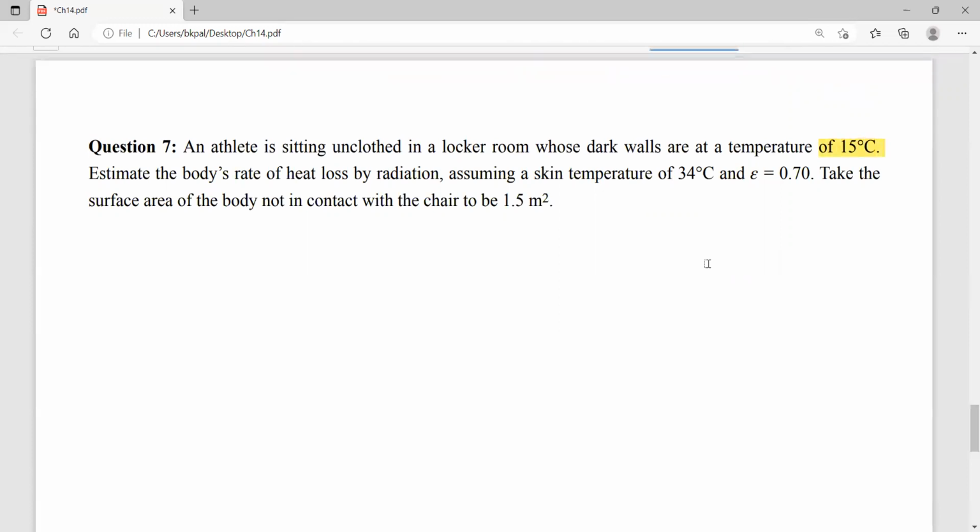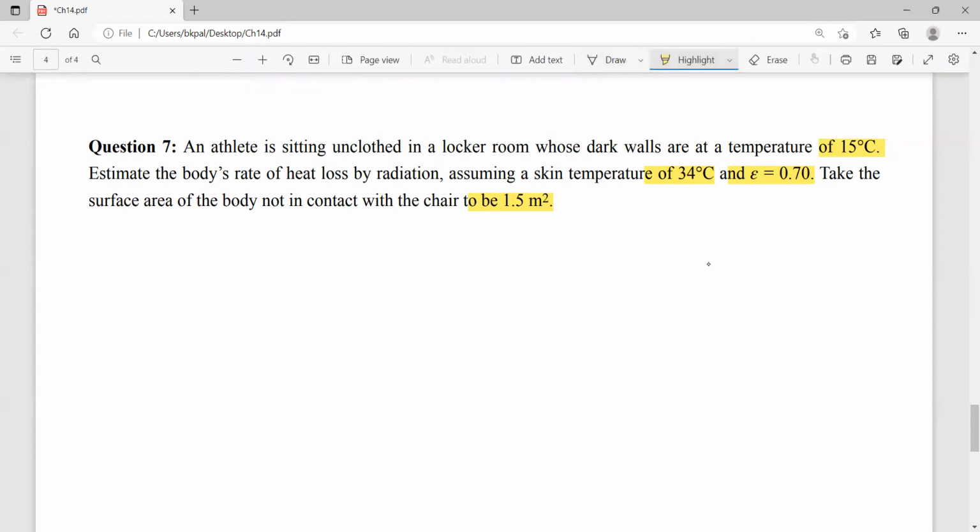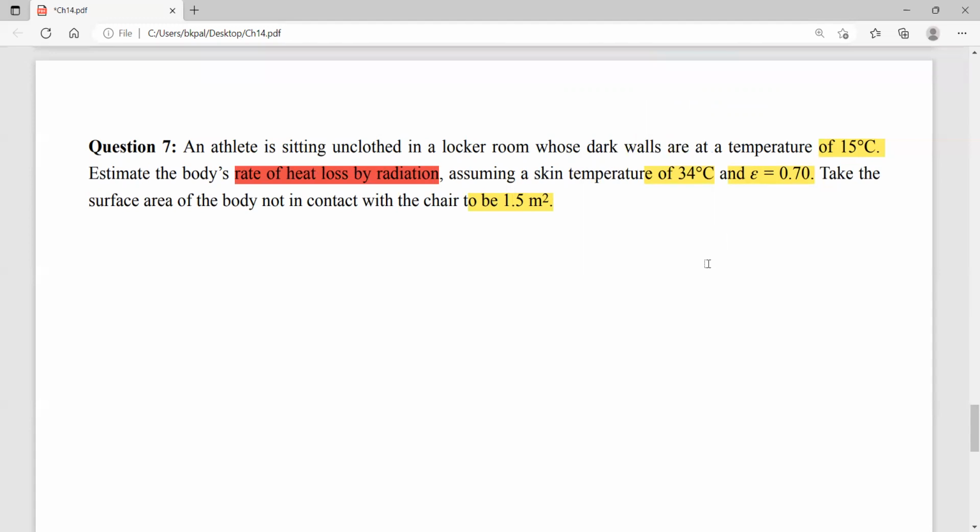The person body temperature is 34 degrees Celsius. Emissivity is 0.70. Okay, and area of that person's body is 1.5 meters square. Okay, and we have to calculate the rate of heat loss by radiation from this athlete.